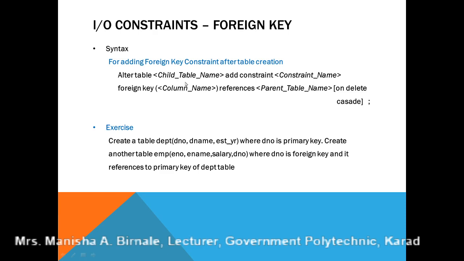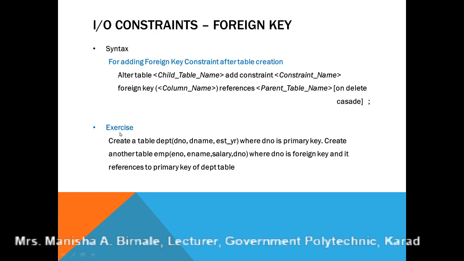So alter table, child table name, add constraint name, then write foreign key, and in round brackets you have to specify the column name from that child table which will work as a foreign key, then references, parent table name. After that you can write on delete cascade also, which is optional, and the command is terminated by a semicolon.